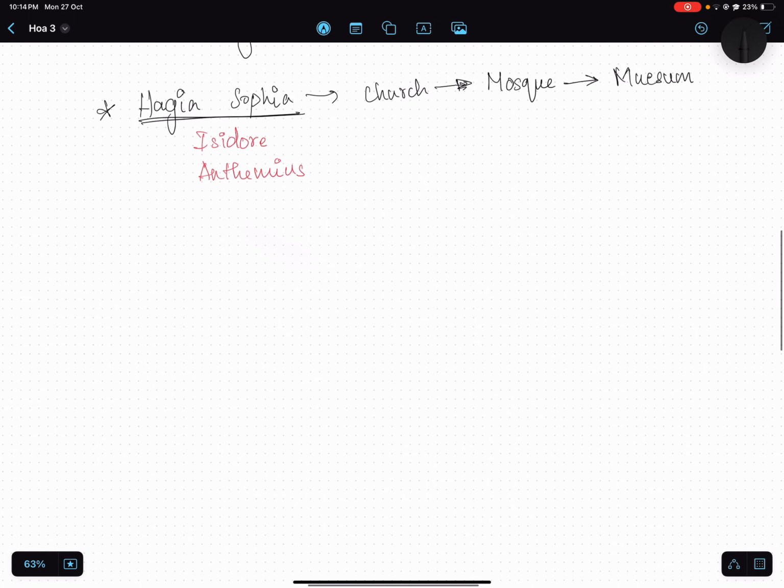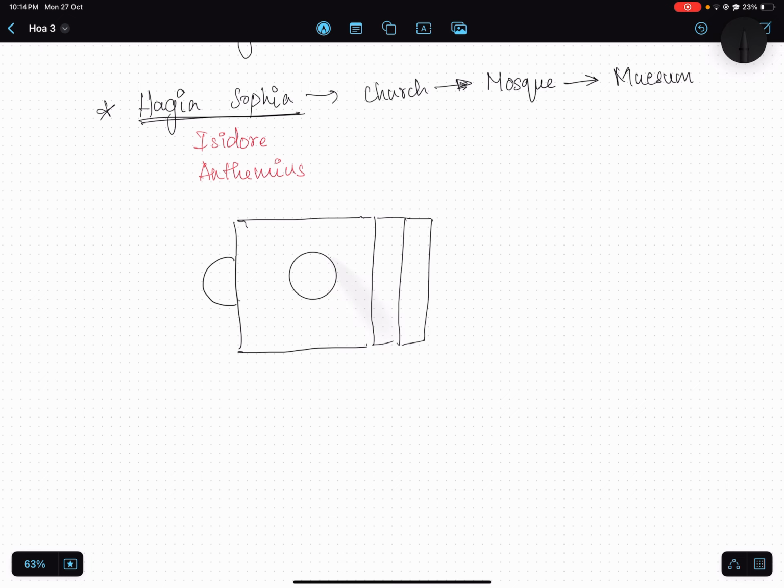Now it had a centralized planning. So like this was their apse, and they had two narthex. At the center was their dome, and supporting it were two half domes or semi domes and several other small domes attached to it.